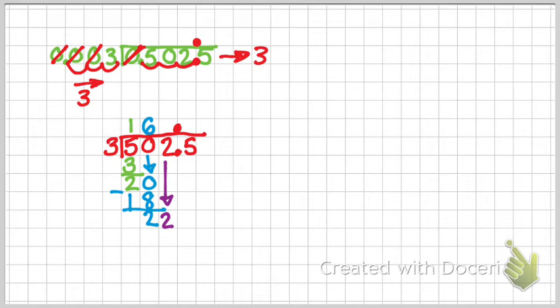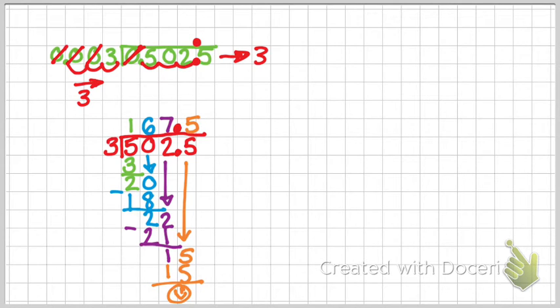Now we're working with 22. 3 goes into 22 7 times. 7 times 3 is 21. Subtract and I get 1. Bring down my next number. 5 goes to the bottom, so that makes it 15. 3 goes into 15 5 times because 5 times 3 is 15. That gives me 0, which makes me happy.